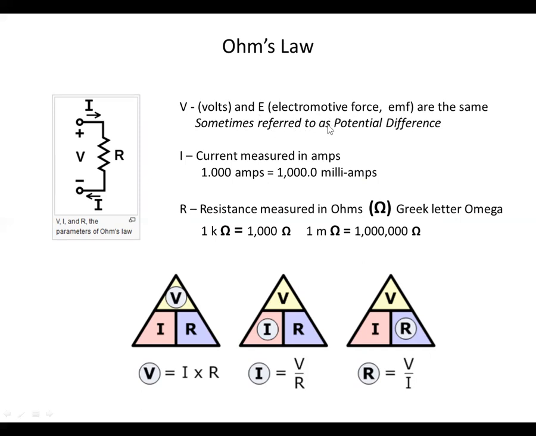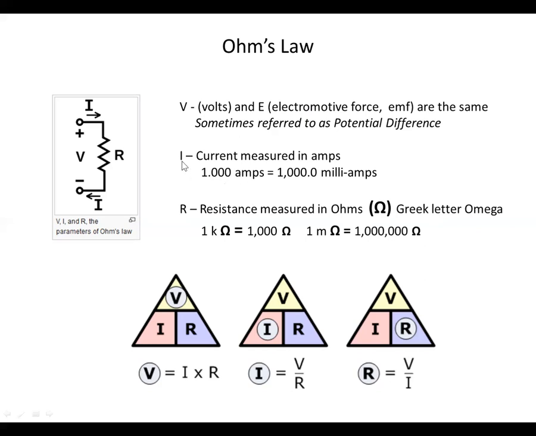And sometimes people refer to it as a potential difference. Now, in our water analogy, you can think of volts as water pressure, how much energy is available there to move water. So that's kind of the analog in the water example.